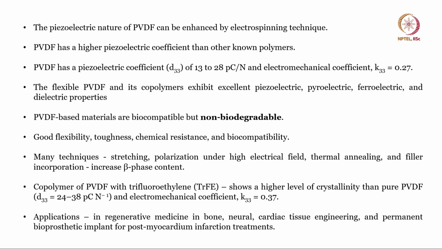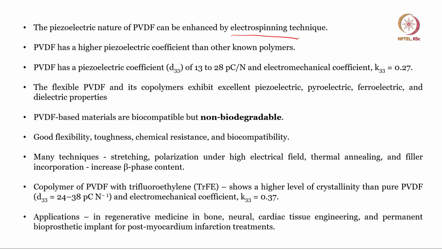So, this piezoelectric polymer PVDF, as always, exists in the alpha form, which is not piezoelectric. The piezoelectric power of this alpha form of PVDF can be enhanced by a process called electrospinning.